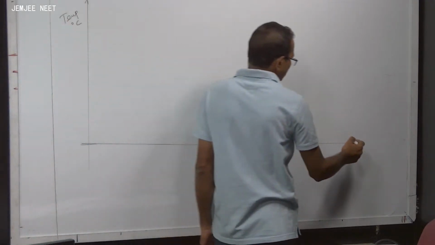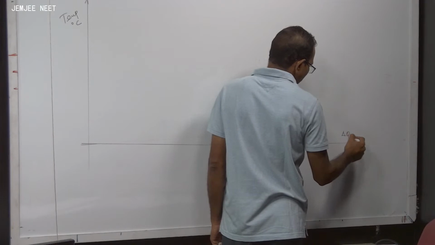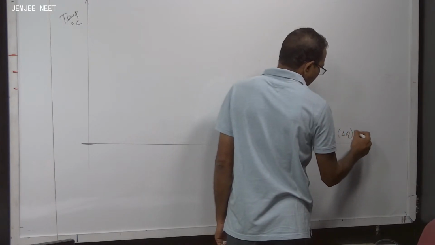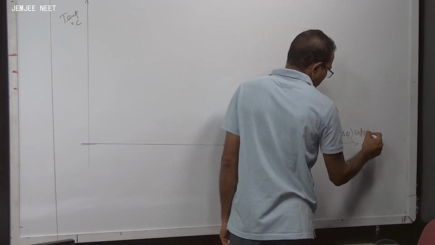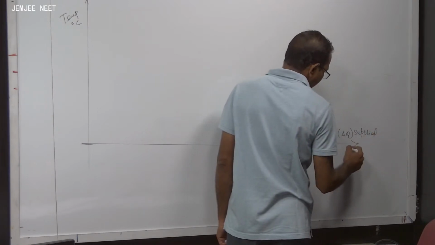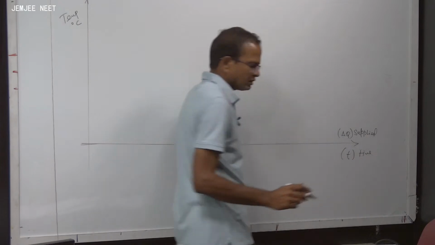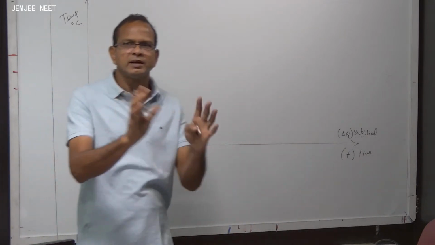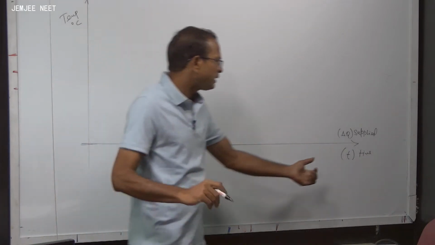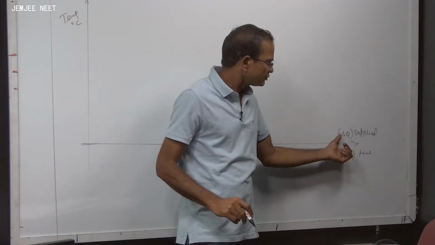Here, the quantity of heat that you supplied, or time, your choice. So some solid is kept on an LPG stove, the timer is on, and heat is supplied to the solid.